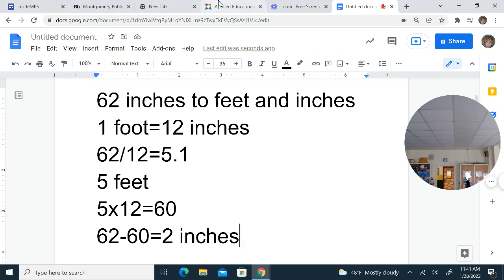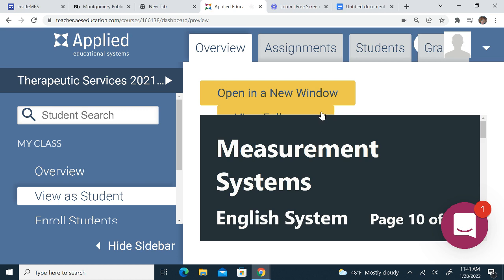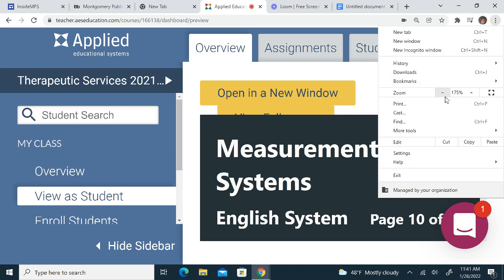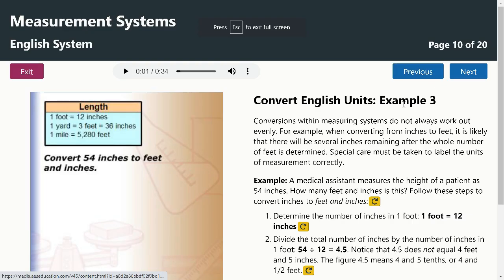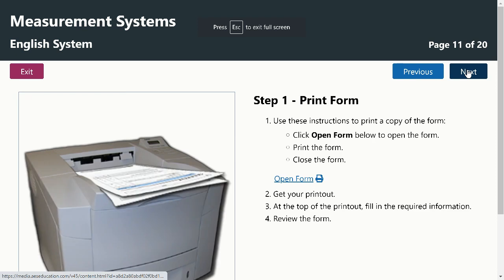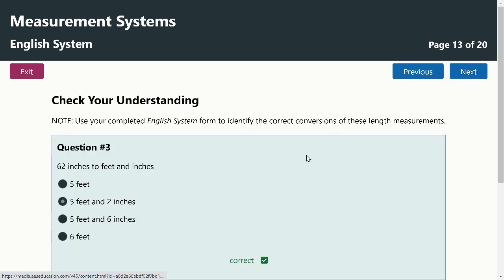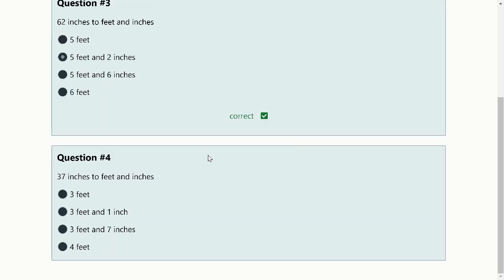Alright, let's look at the next one. Alright, so the next one, 37 inches to feet and inches.